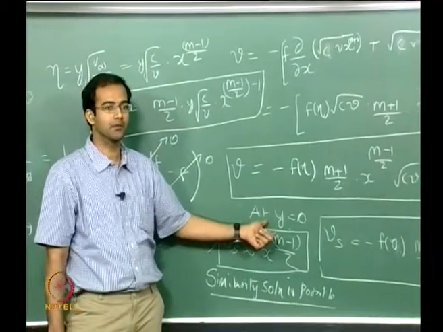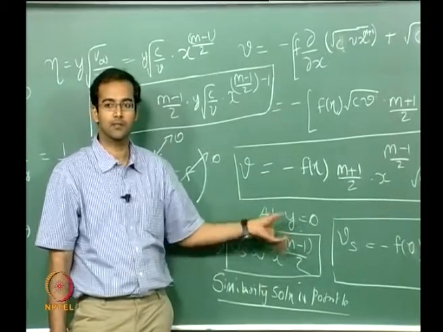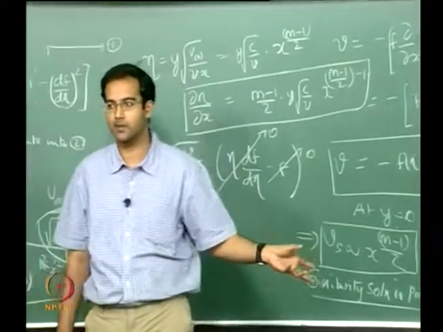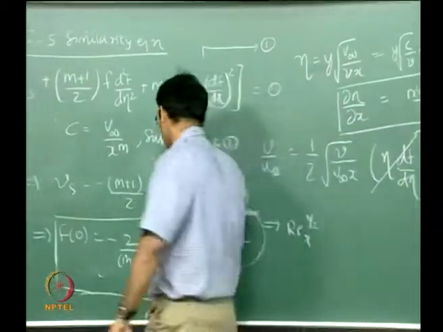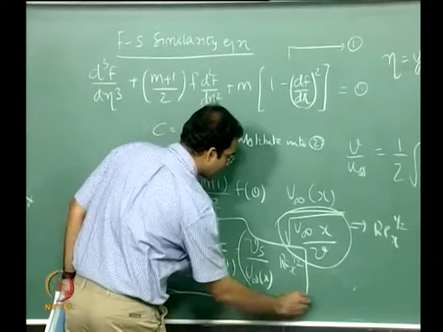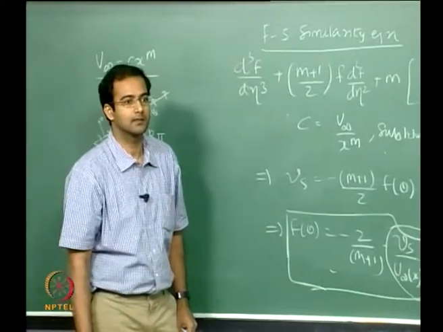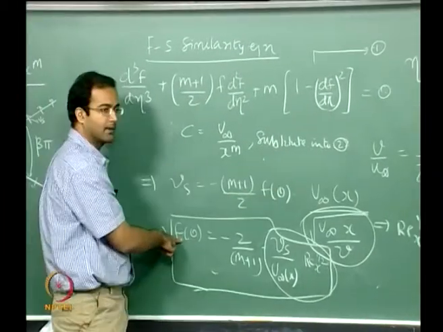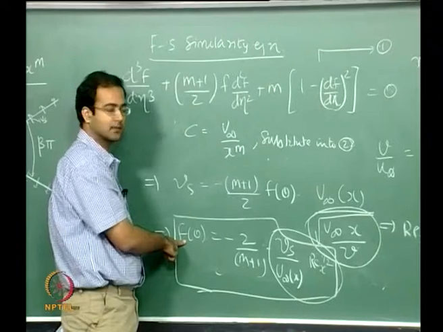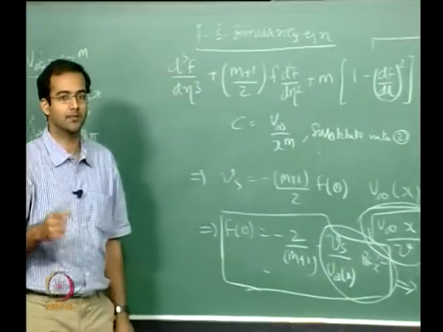For a given value of m, your v has to vary along x according to this particular relation, only then you get the similarity solution, because once you rewrite, what you are saying is this entire term is now constant. If your Vs varies that way, your f naught has to be constant, so this entire term has to be some ratio which is constant or fixed.